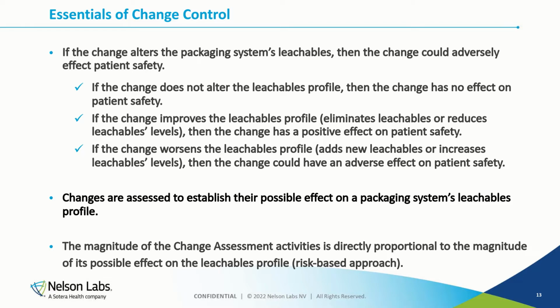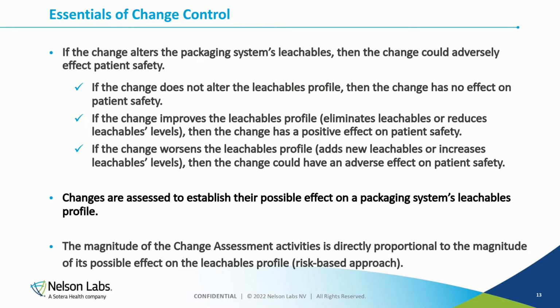And we're gonna start out on our journey here with the understanding that this is going to be a risk-based strategy for change control. In other words, the magnitude of the change assessment activities and the nature of the change assessment activities is going to be directly proportional to the magnitude of the possible effect on the leachables profile.